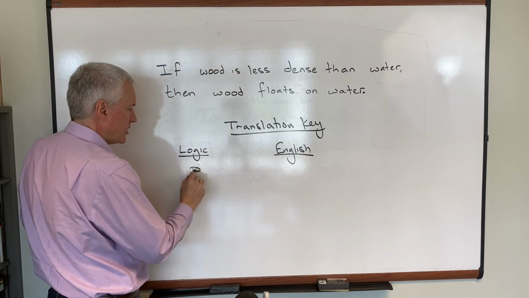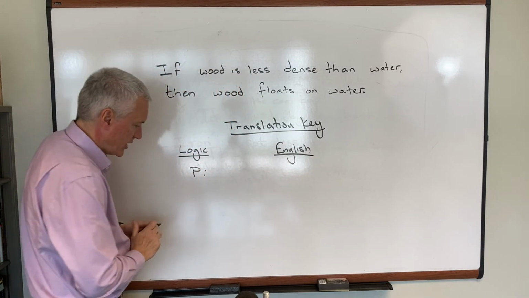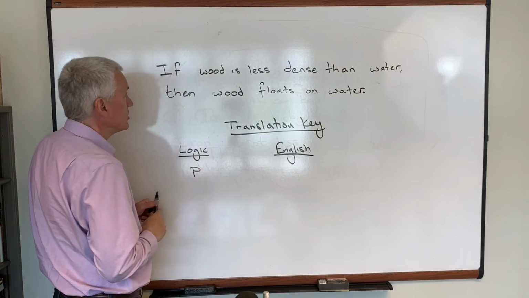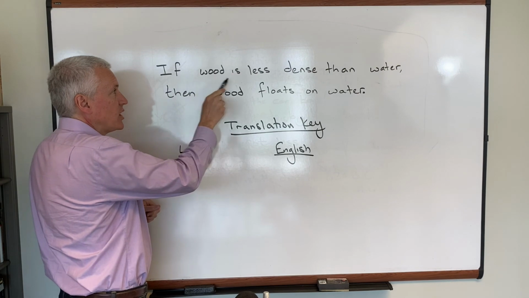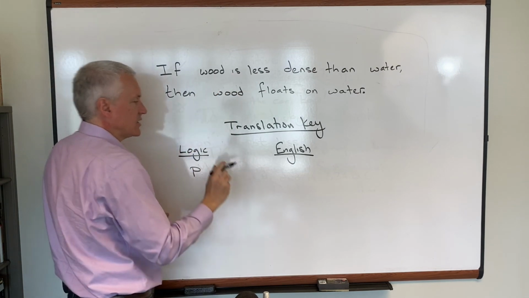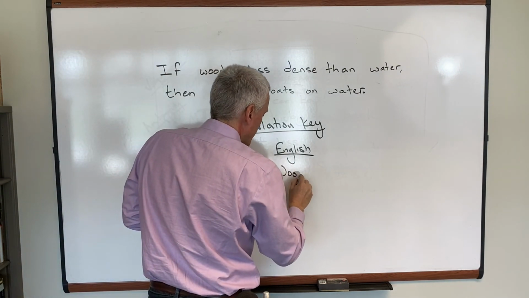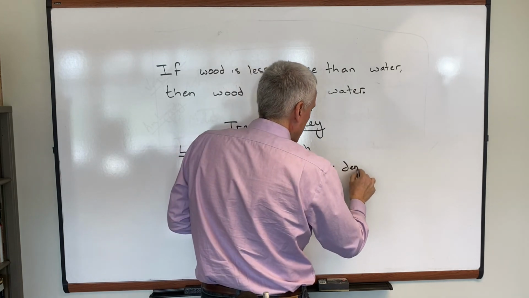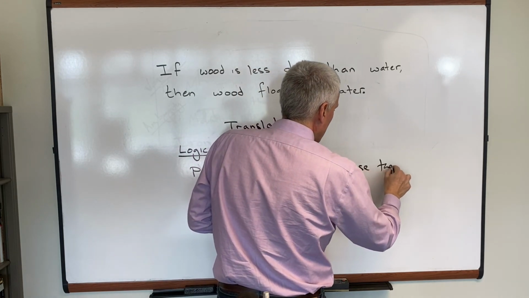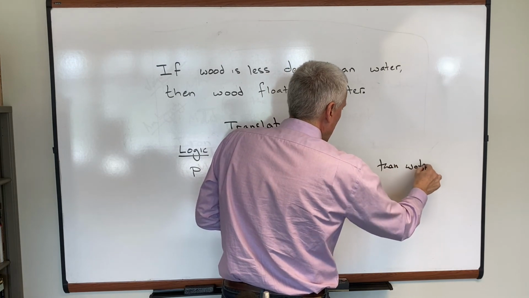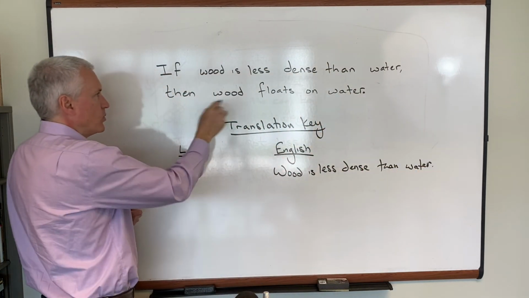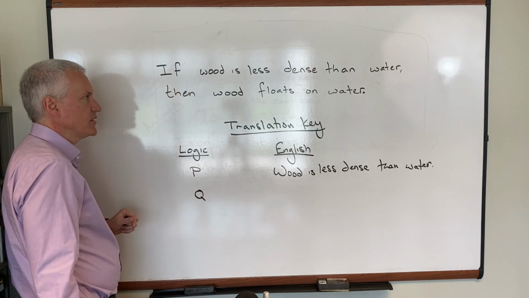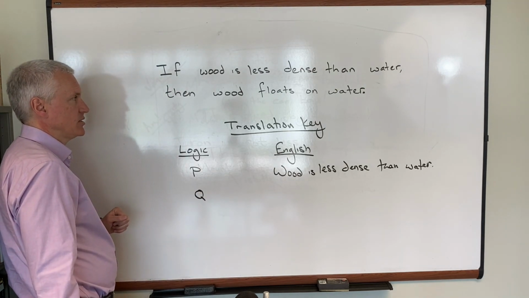I ought to assign an atomic sentence in my logical language like P to the parts of this that are atomic. So wood is less dense than water. And this other part, wood floats on water, similarly, that seems to be atomic. I don't see any part of that is itself a sentence.